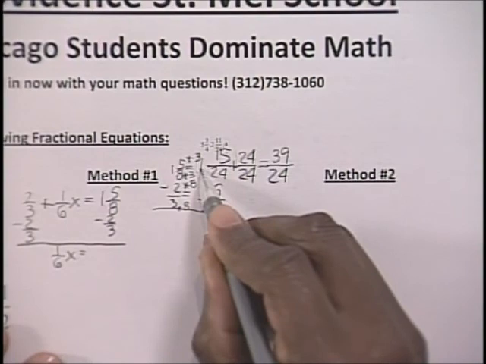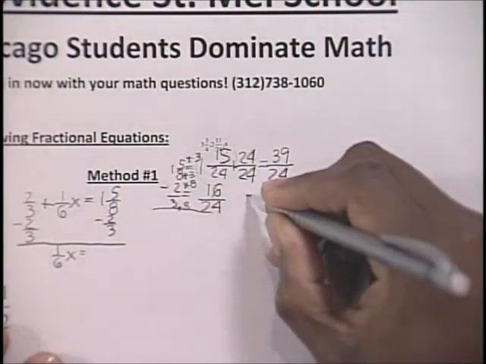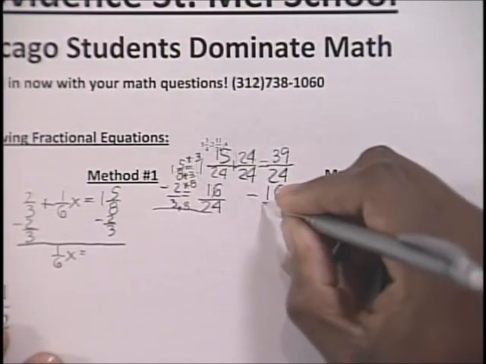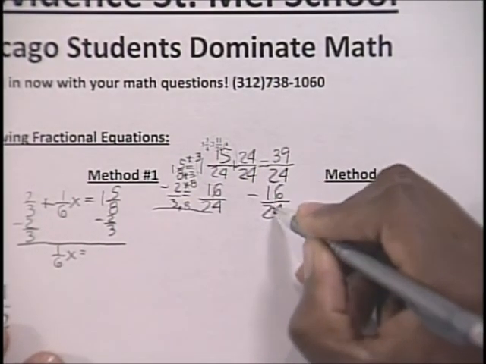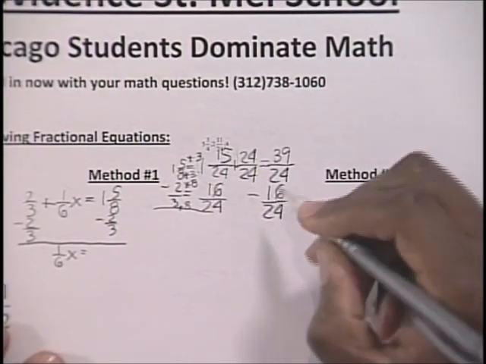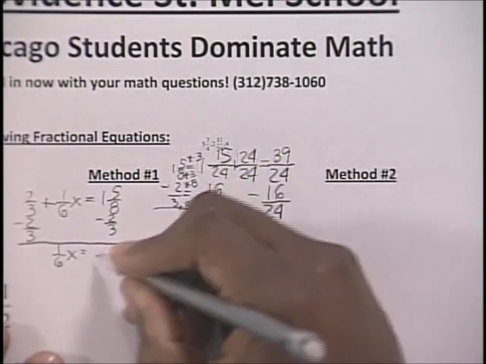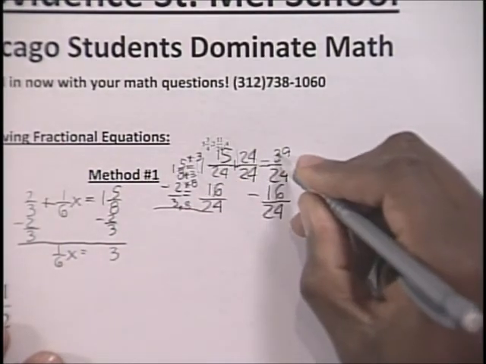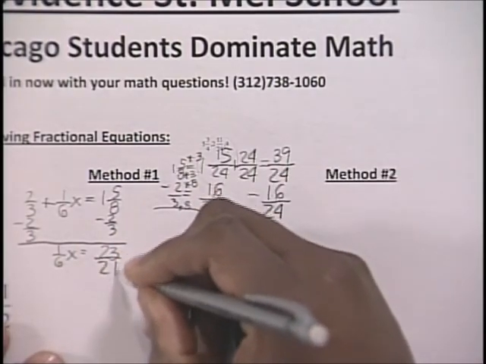Now we're going to subtract the 16 over 24. Now we've got the common denominator, and this number is now larger. So you end up with 9 minus 6 is 3, and 3 minus 1 is 2, common denominator of 24.